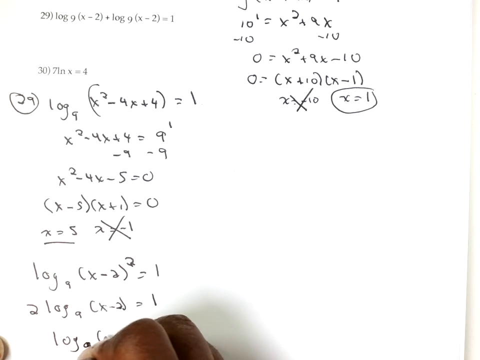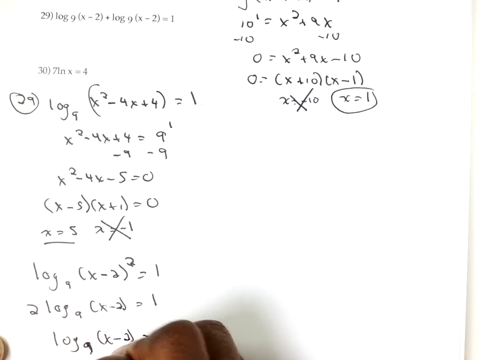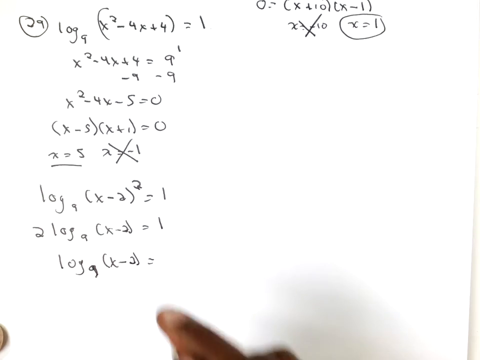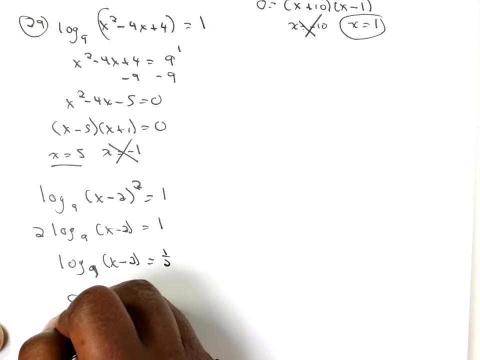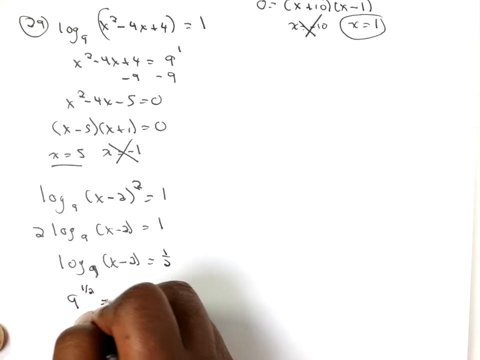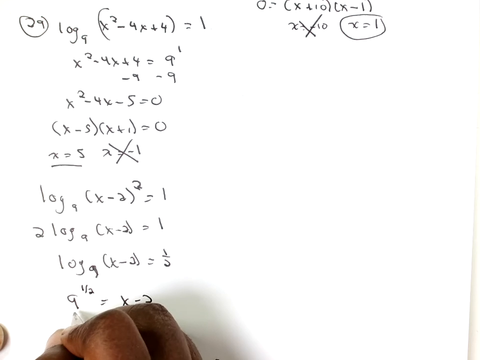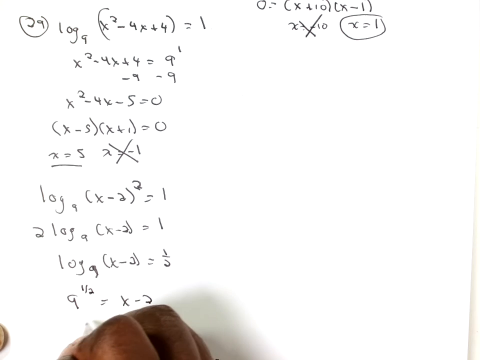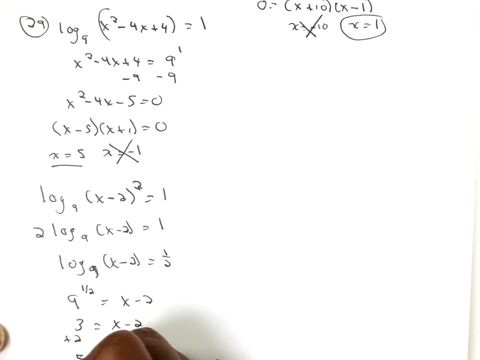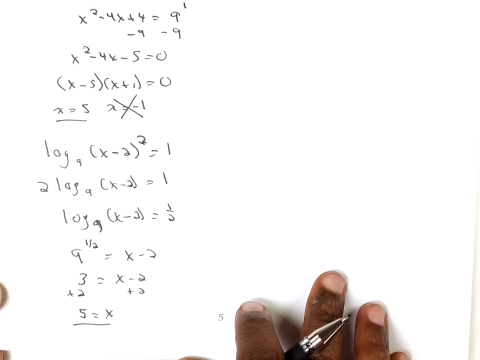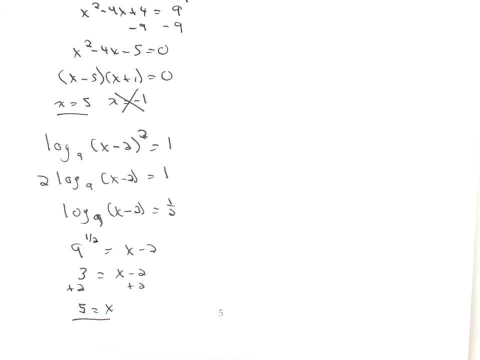So log base 9 of x minus 2 equals 1/2. Now when I do my rewrite, I get 9 to the 1/2 power equals x minus 2. So 9 to the 1/2 is just 3 because it's a square root. So I get 3 equals x minus 2. Add 2 to both sides. And that's where I get my x is equal to 5. That's kind of cool, right?